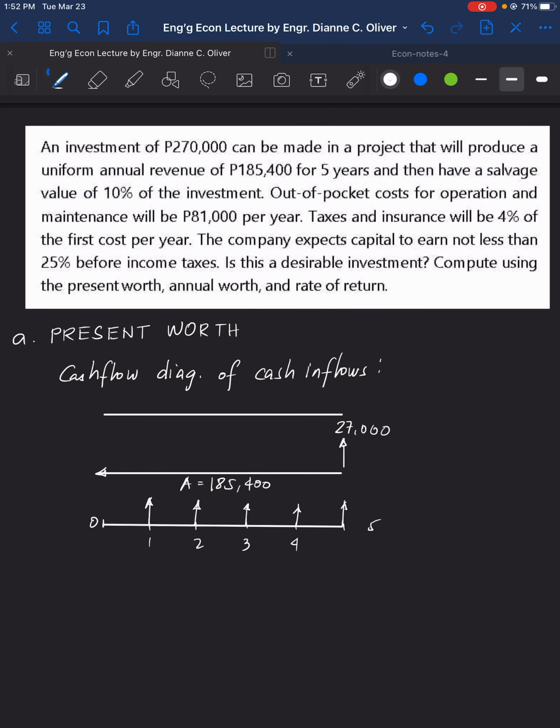So this is P1 and then this is P2. P1 for the annuity, P2 is the present worth of the salvage value.